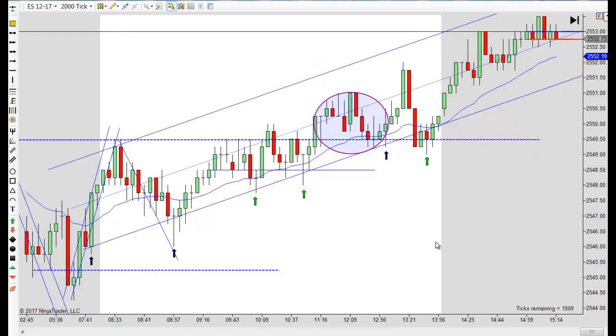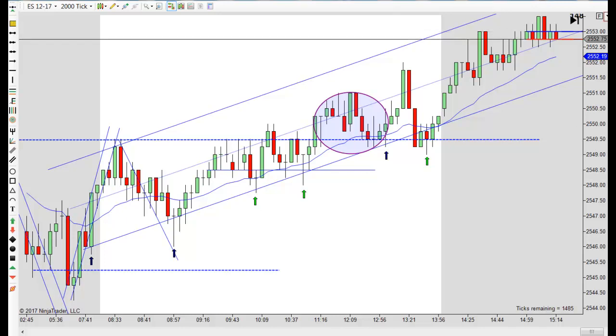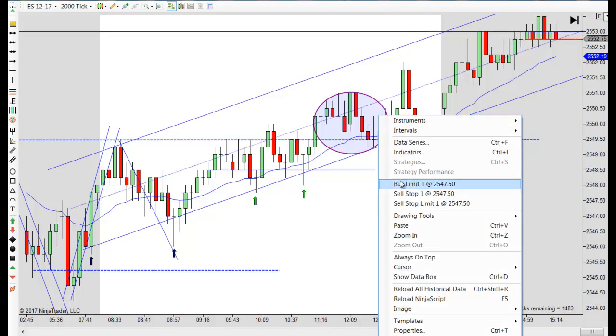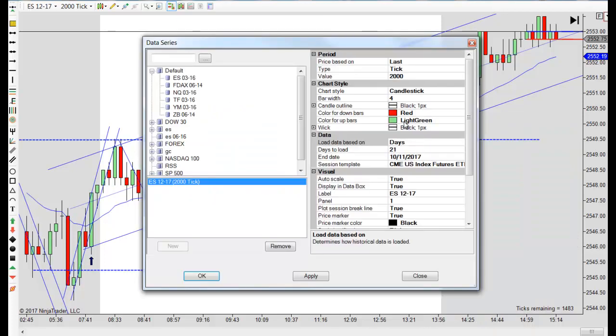One other thing before we talk about the trades, because it's not going to take long today. I got an email. Somebody had asked me if I'd changed my session template. I usually keep mine on, well, I'll just show you here, data series.